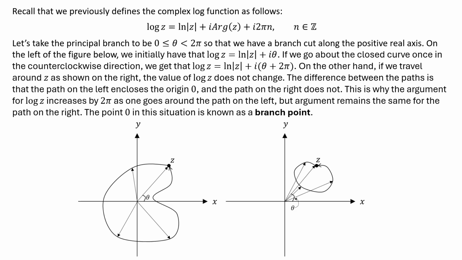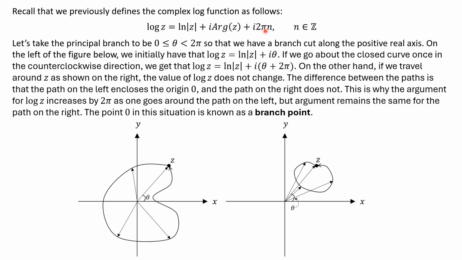So on the left here we have a point z and we have theta, so that's the argument. And as we move around this closed path, you notice theta gets larger, larger, larger, and eventually we get back to z, and theta is now theta plus 2 pi.